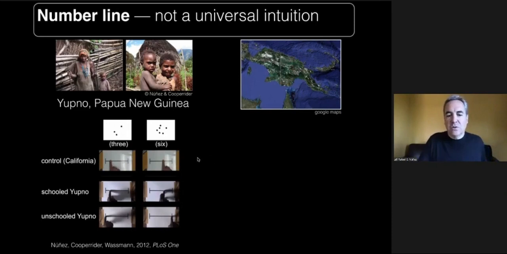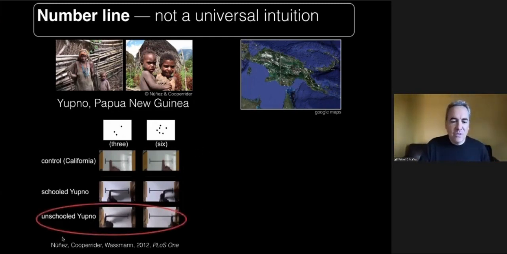And the controls in California, of course, did the quote right thing, the enculturated thing, and even the schooled Yupno, but the unschooled Yupno didn't. They just used the extremes of the segment. So no intuition that this would somehow capture the number line properties with the distance function.